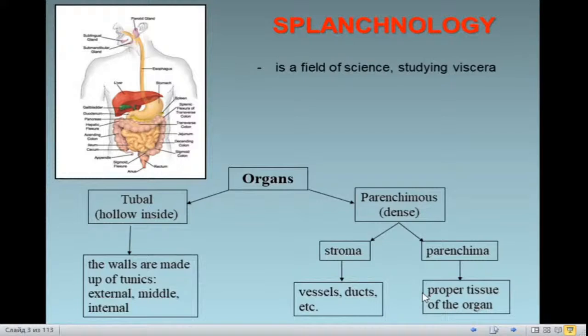The parenchyma is the histological tissue in between these vessels and ducts. So this is the proper tissue of the organ that is functionally unique and determines the function of this organ. On the exam, you just have to remember whether an organ is tubal or parenchymatous, and based on this scheme, you can easily remember the structure of the organ.